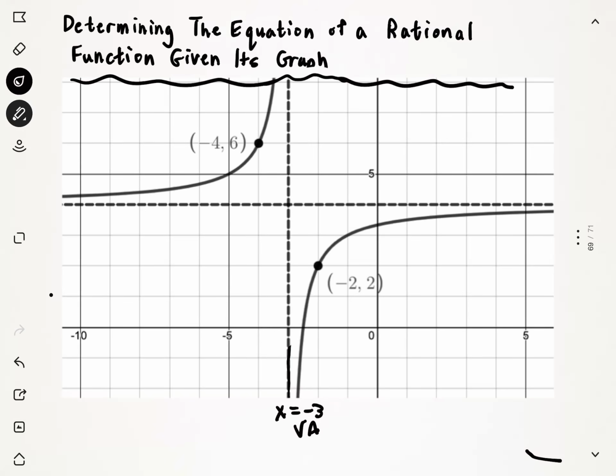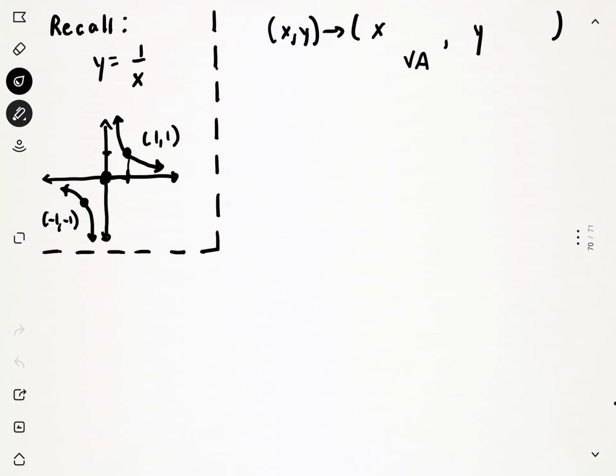So we know that the original vertical asymptote, which was originally the y-axis, has been shifted 3 units to the left. So we put in our vertical asymptote here, and similarly, we put in our horizontal asymptote here, which is also the vertical translation, and vice versa.